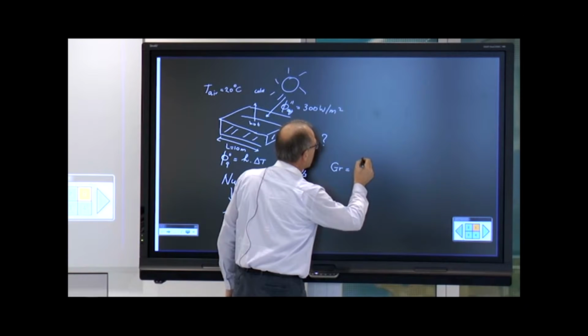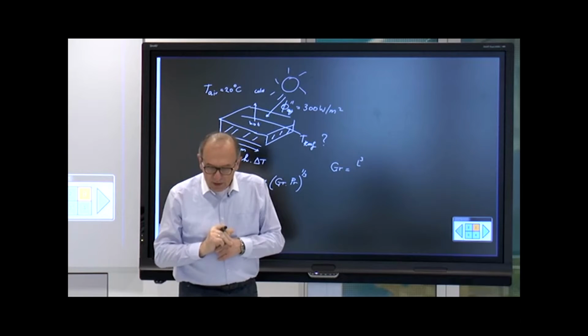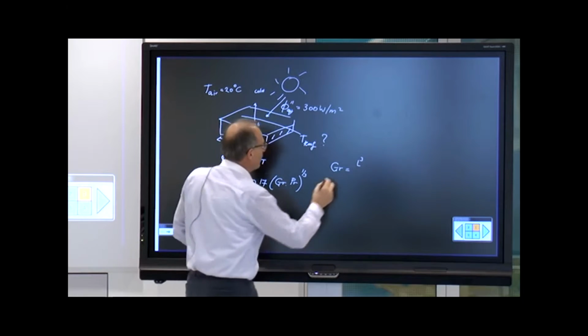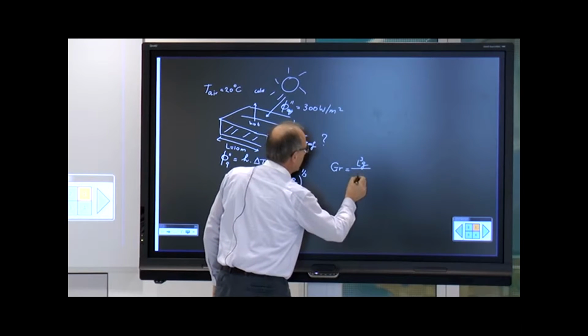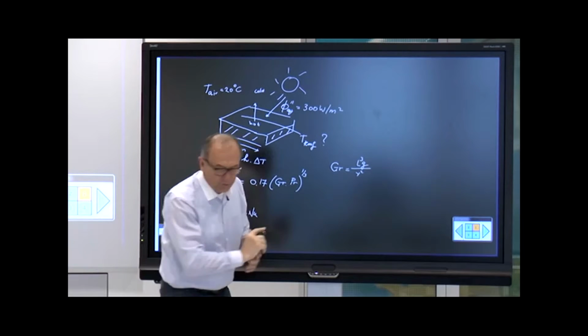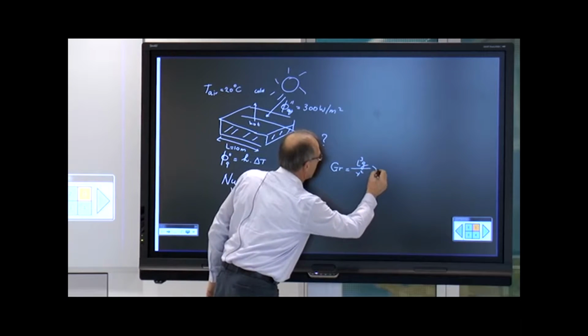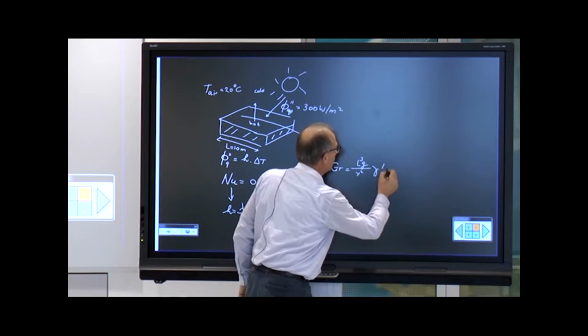We could say that it is the characteristic length L cubed, multiplied by the gravity, divided by the kinematic viscosity squared, multiplied by gamma, which is the cubic expansion coefficient, multiplied by delta T.